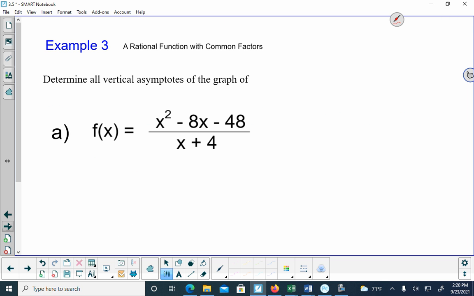It says a rational function, determine all vertical asymptotes of the graph. So what do I have to do? I have to factor the numerator to make sure that this x plus 4 does not simplify. -12, +4.